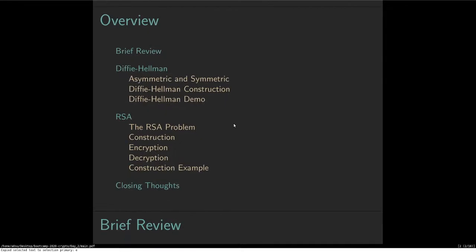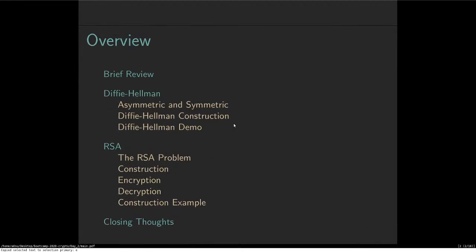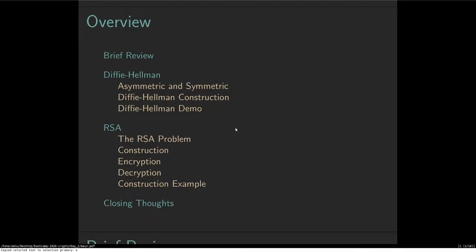So last week, we covered stuff like XOR and simple modular arithmetic. For this day, we'll be covering Diffie-Hellman and RSA, continuing on with modular arithmetic.